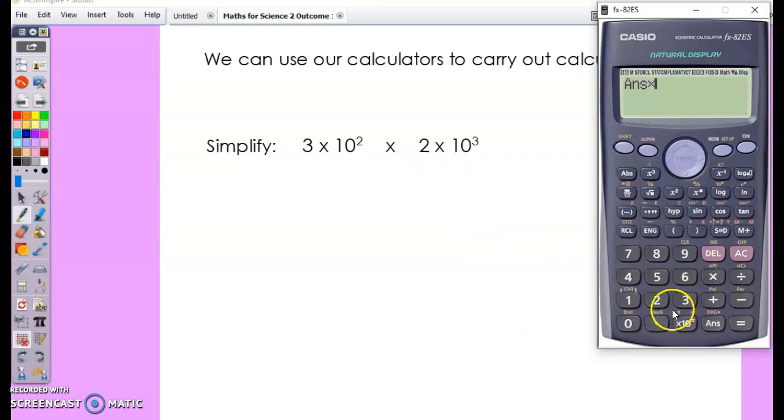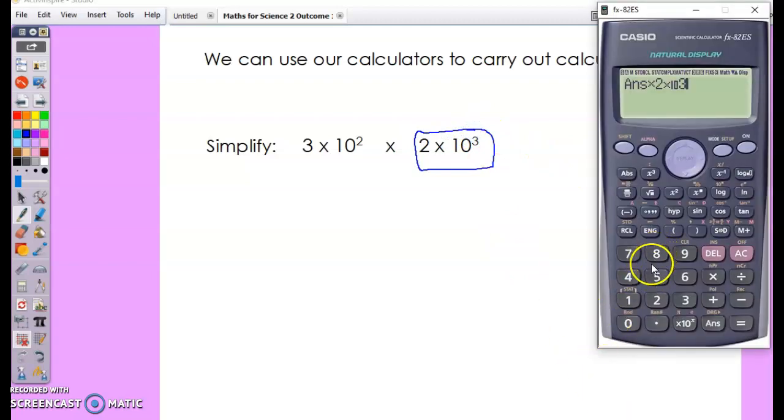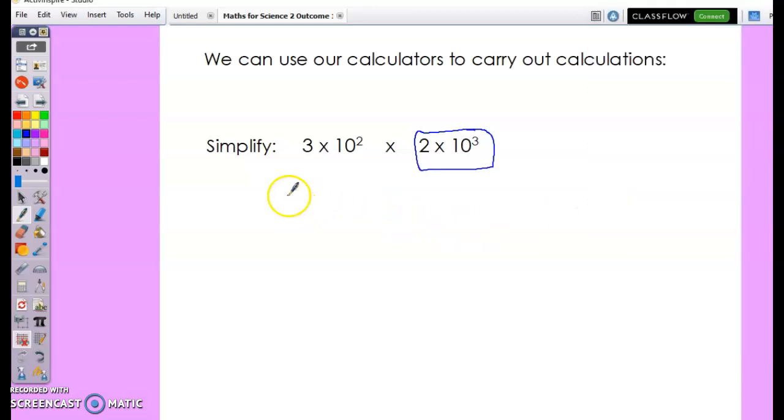I want to times that by 2 times 10 to the power of 3. Again, I'm not hitting the times button at all. That equals 6 with 5 zeros after it: 600,000, which is 6 times 10 to the power of 5.